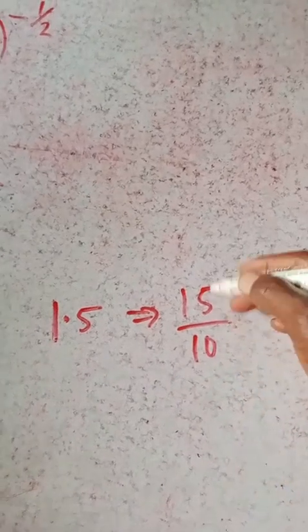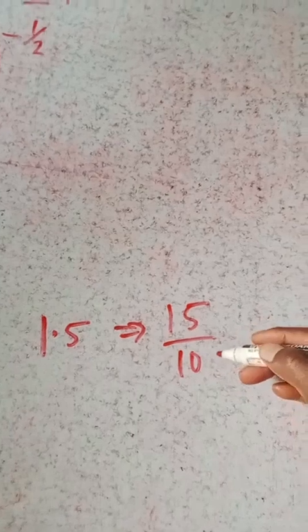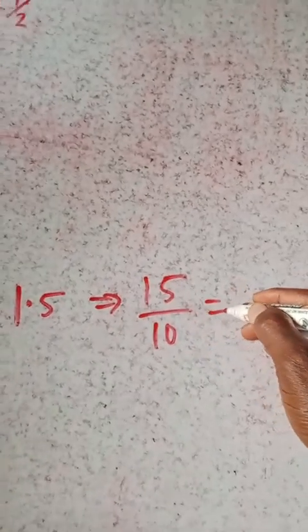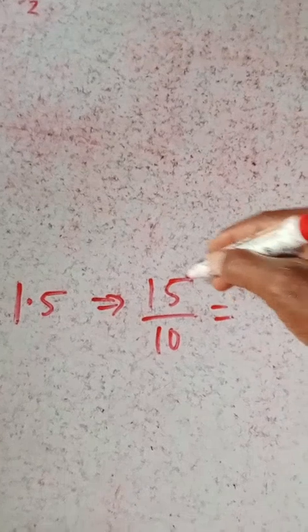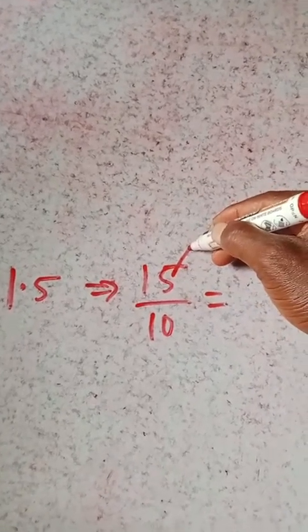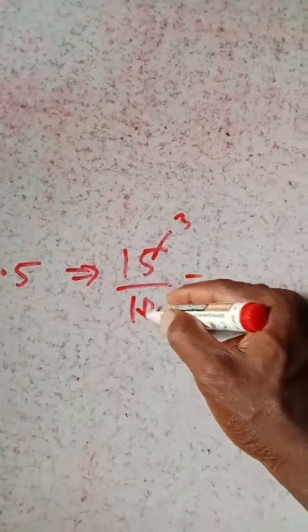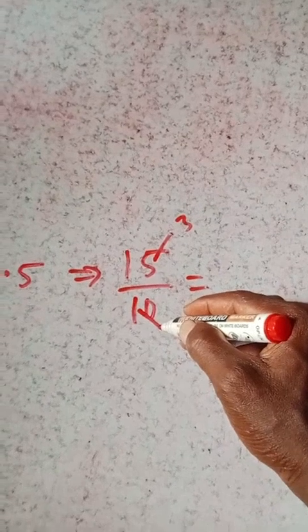So the fraction we have here is 15 over 10. What is the simplest form of it? I think 5 can divide 15 without remainder, to be 3. 5 can also divide 10 to be 2.